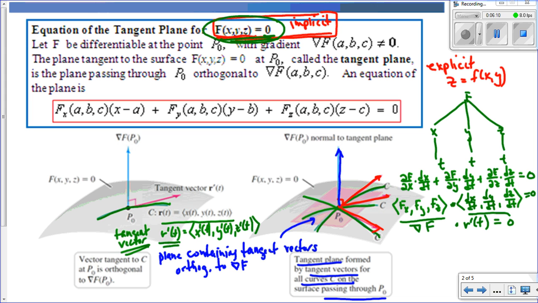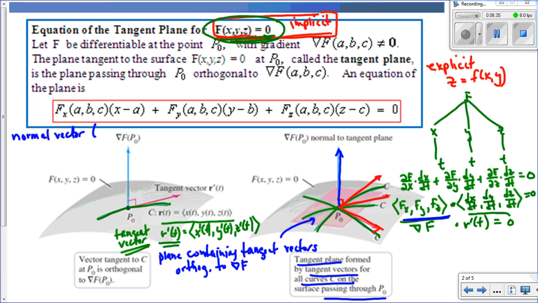So now, if I want the equation of that tangent plane, what I need is a normal vector. Now that normal vector, the vector that's orthogonal to the plane, is the gradient.